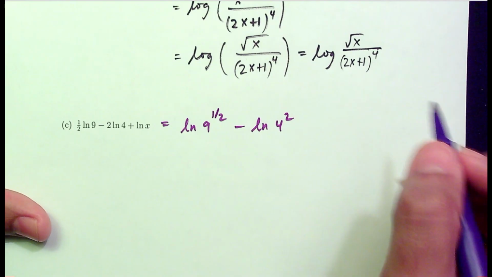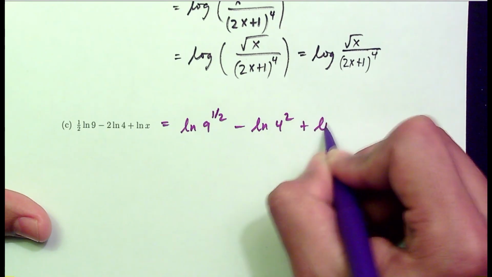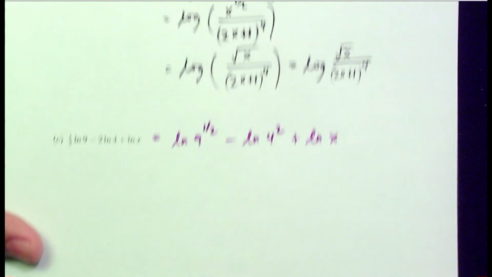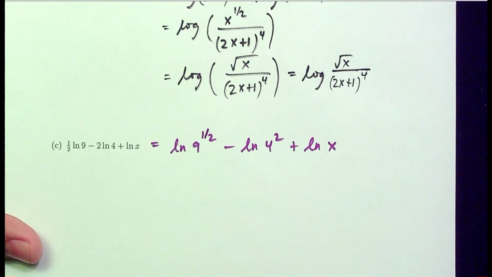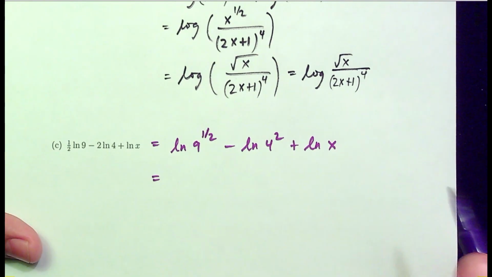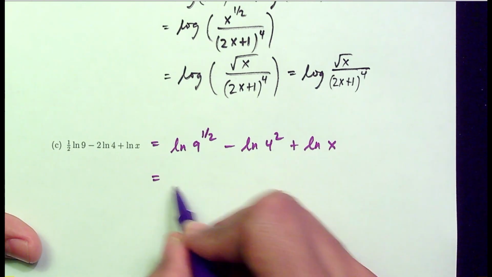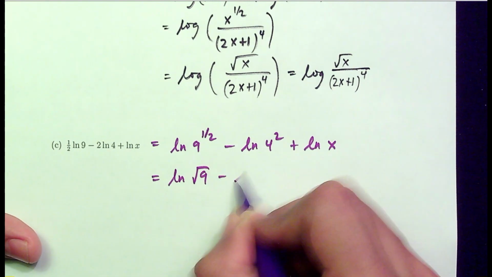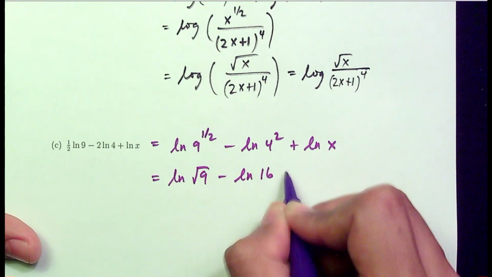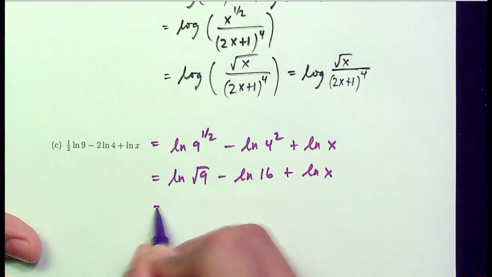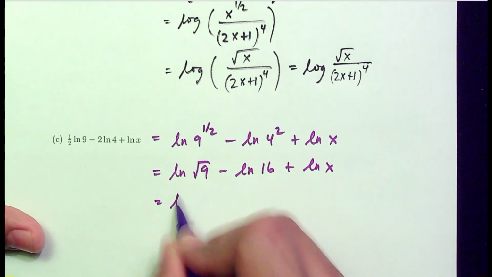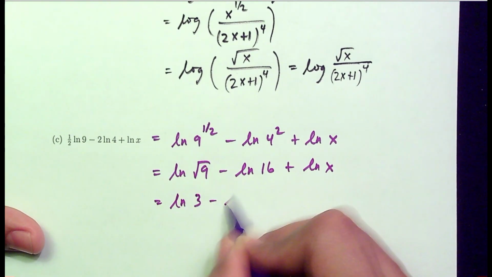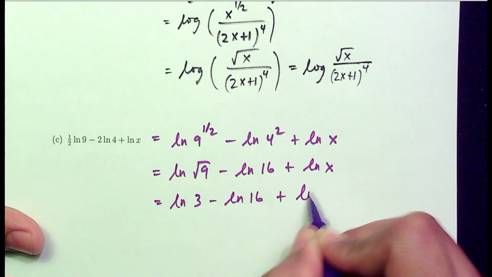I move the 2 inside as an exponent, plus ln of x. Now, you can simplify this. 9 to the 1/2 is the same as the square root of 9. 4 squared is 16. The square root of 9 is 3. So this is ln of 3 minus ln of 16 plus ln of x.